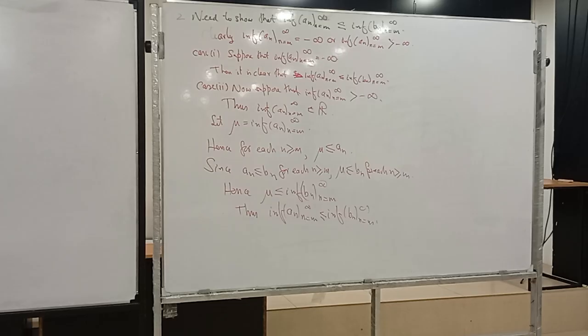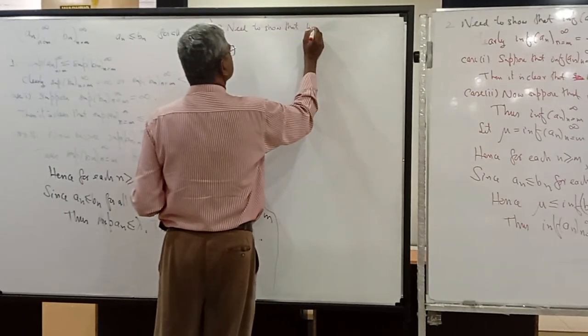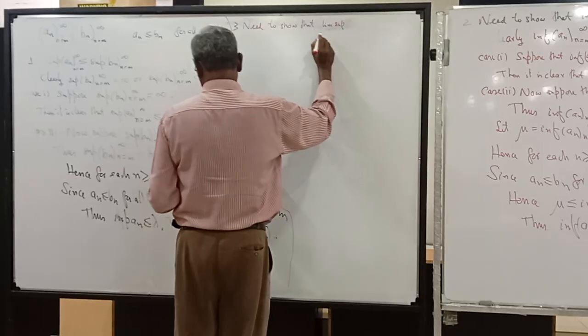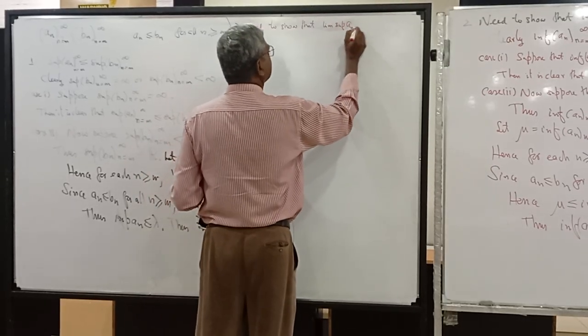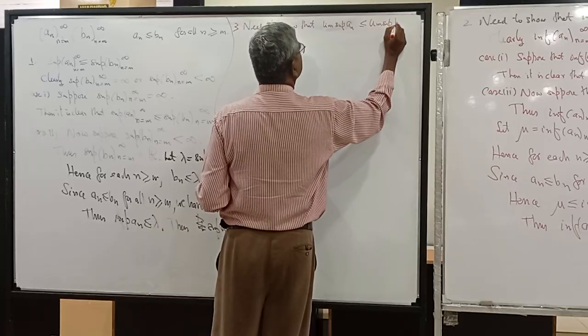Now the third part, the last part. Number 3, we need to show that lim sup a n is less than or equal to lim sup b n.